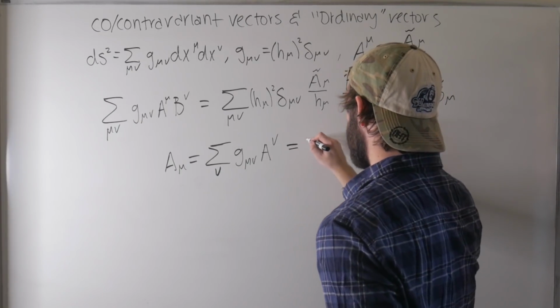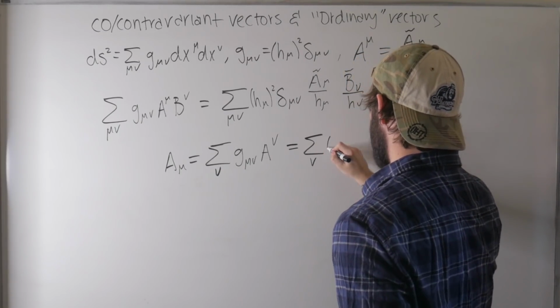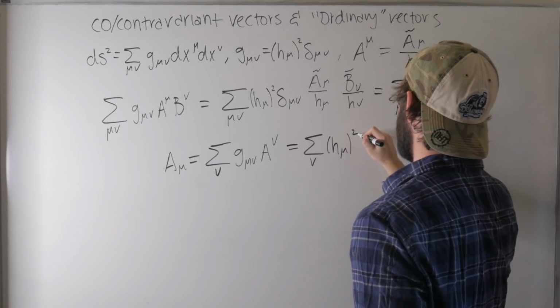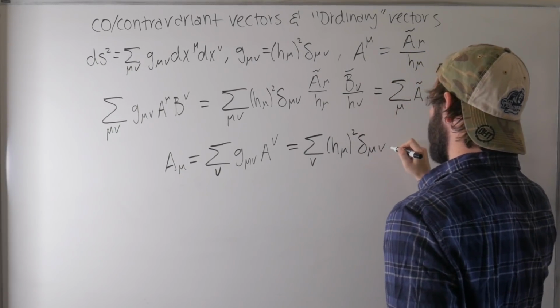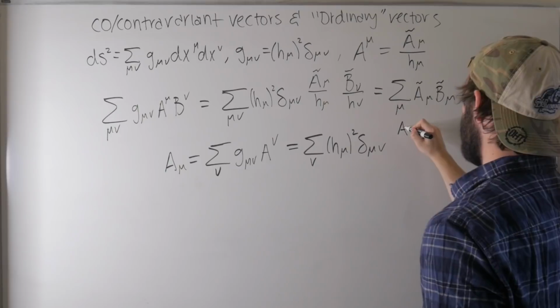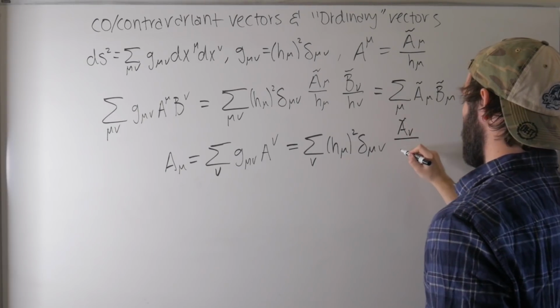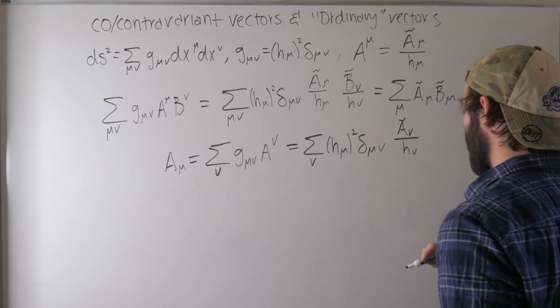So this is going to be the sum over nu of h mu squared delta mu nu times a tilde nu over h nu.